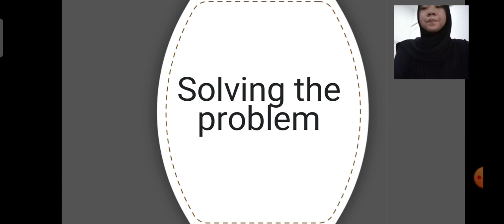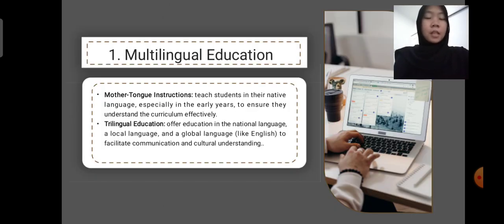To solve this problem, to promote the use and preservation of indigenous languages through education, the government can implement the following strategies. The first strategy is to use multilingual education.